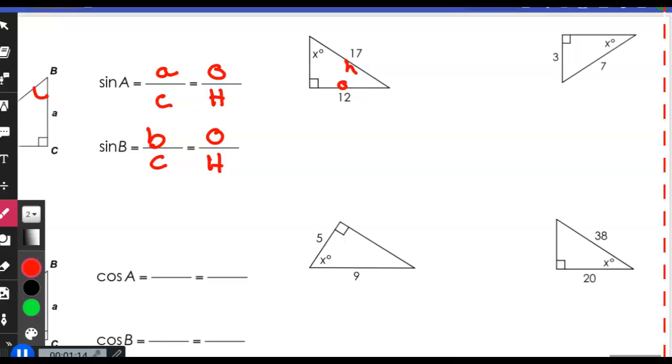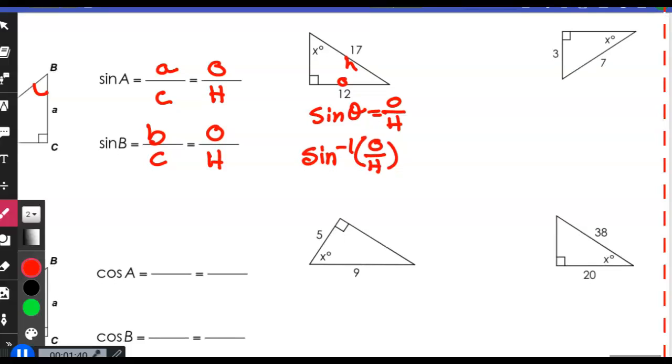Except this time we are trying to find the angle x. So we already have the two sides, we're trying to find the angle. I'm going to start you out just like we did before. Sine of theta equals opposite over hypotenuse. Now when we invert that, we're trying to find the theta. So the inverse equation is inverse sine of opposite over hypotenuse equals theta.